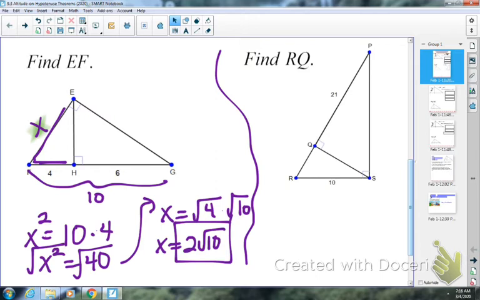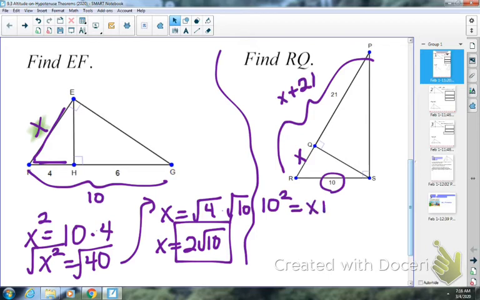Okay, on the next one, it says find RQ. So I'm going to let RQ be x. According to our little conclusion here, the leg squared. If I look at my picture, which one is the leg? We know the leg is 10. So 10 squared equals the whole hypotenuse, which is x plus 21, times its shadow.